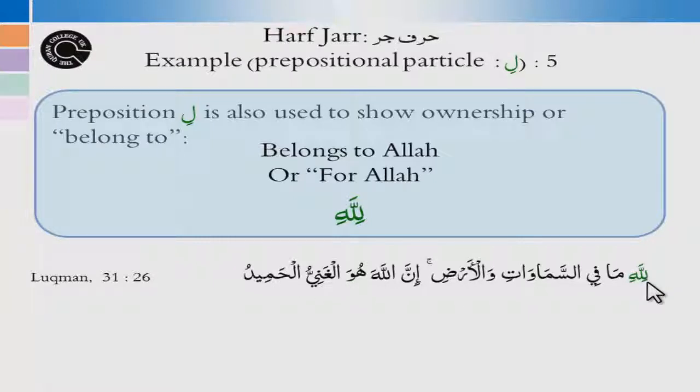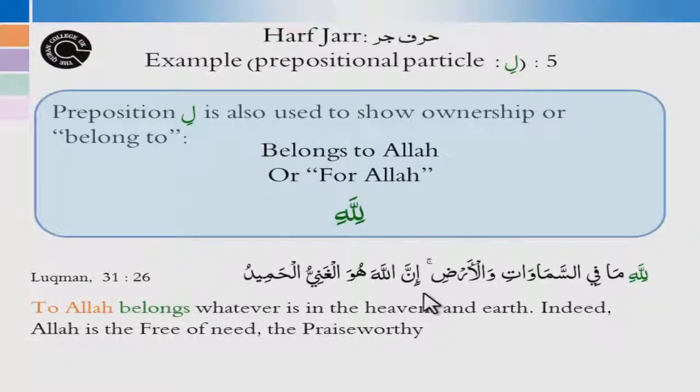Lillahi, for Allah is whatever is in the heavens and the earth. Inna allaha, and indeed Allah is the one huwa al-ghaniyul hamid, free of need. Ghani means free of any need, not dependent on anyone. Hamid is from hamad, ha mim dal. Hamad means the praise, so hamid is the praiseworthy.